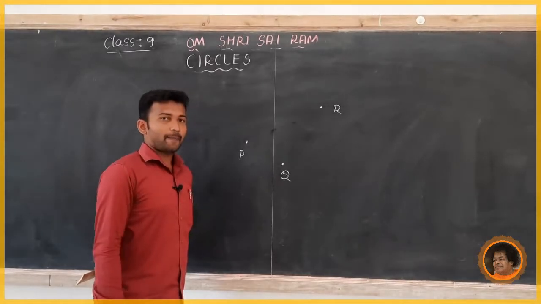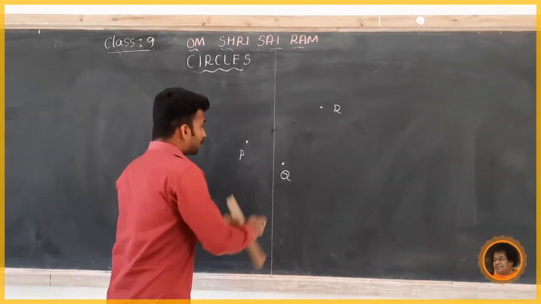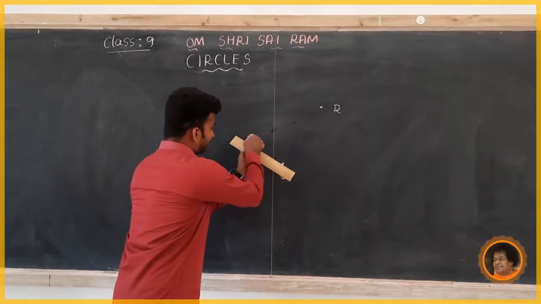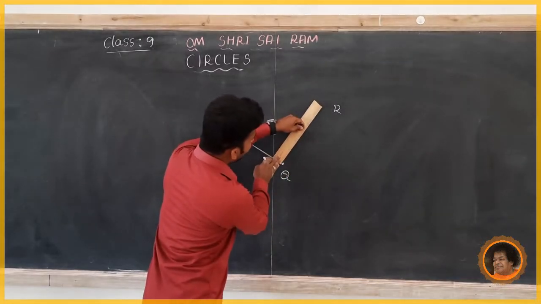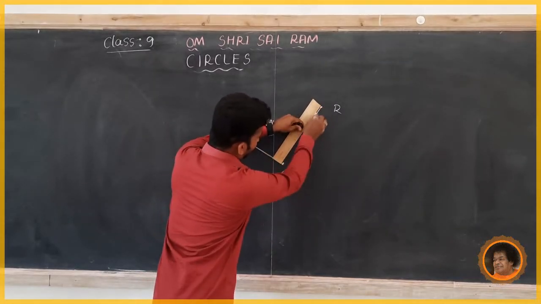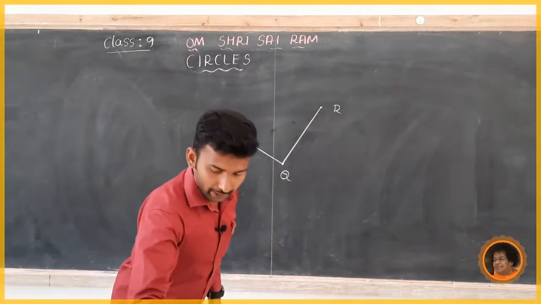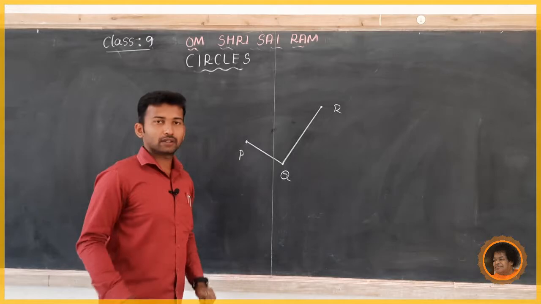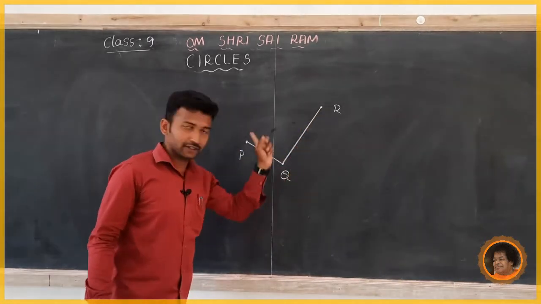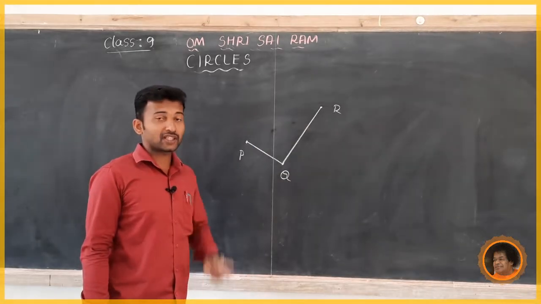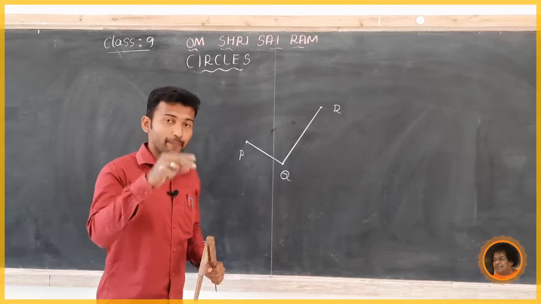The first step: join the three points. Join P and Q first, then R and Q. PQ is a line segment, and similarly RQ is also a line segment. The second step: take the bisectors of both.